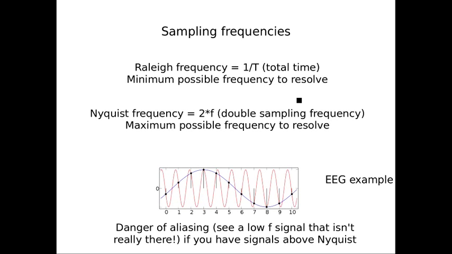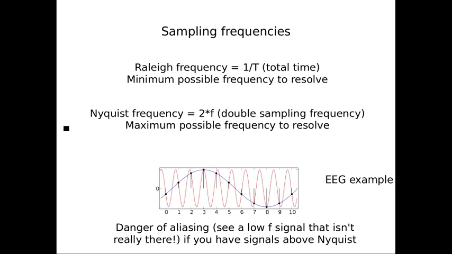The two important sampling frequencies that you need to know are the Rayleigh frequency, which is 1 over the total time of data collected, and this is the minimum possible frequency to resolve. This should be fairly intuitive. You can't resolve frequencies that are slower than the time that you've collected.